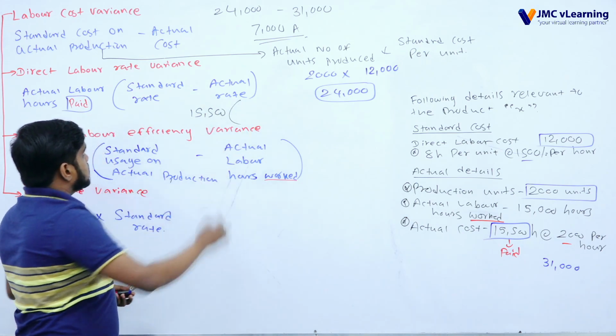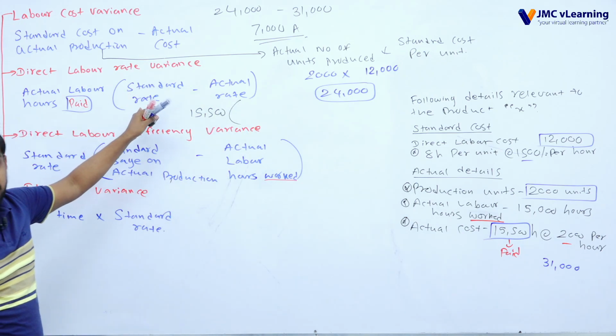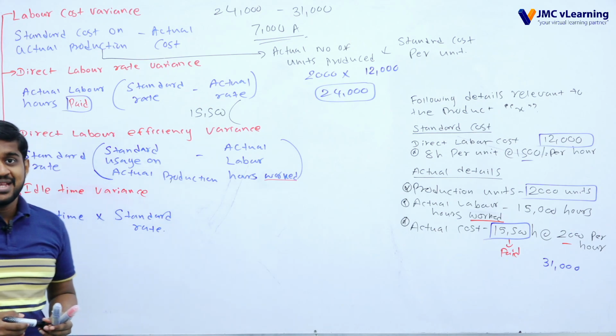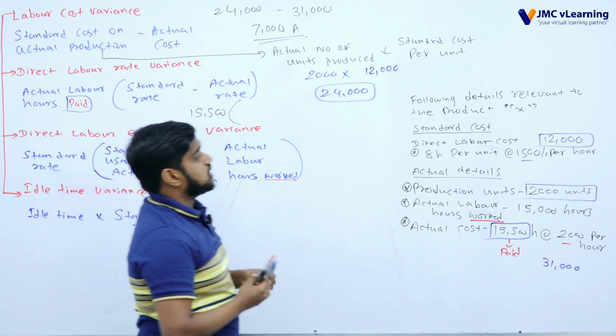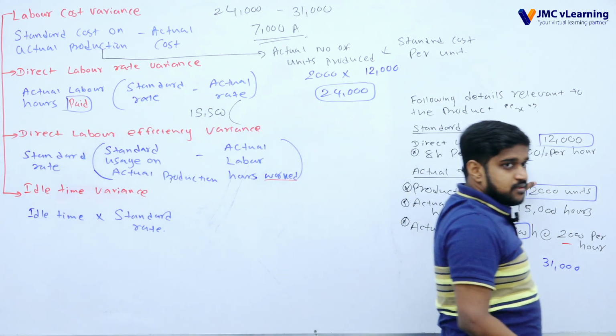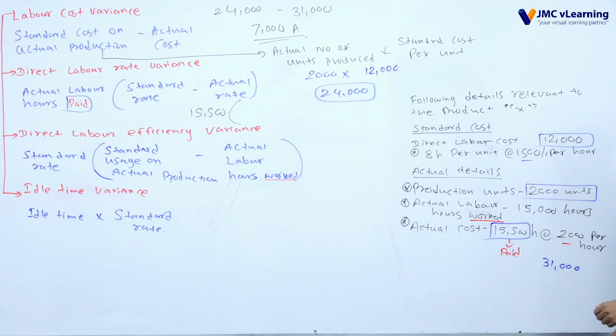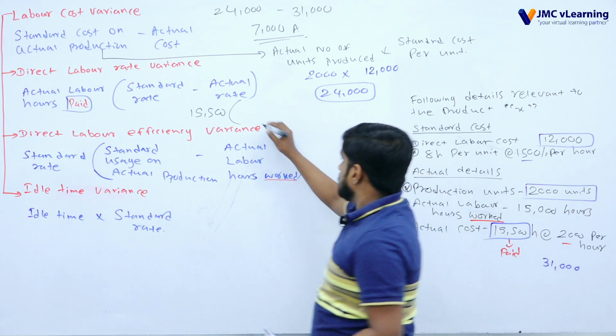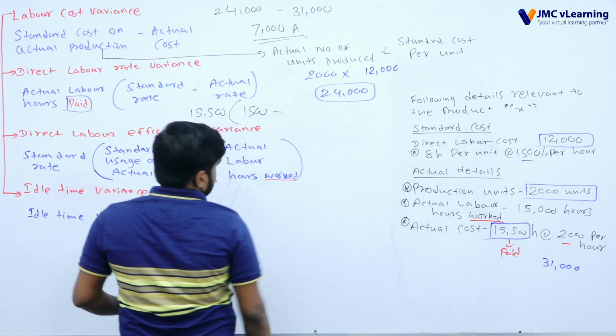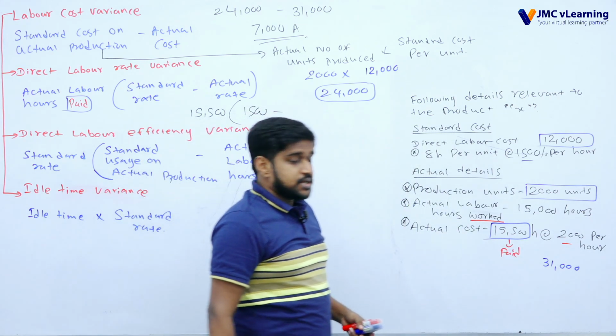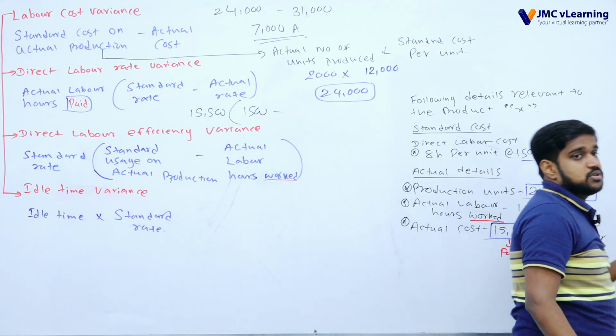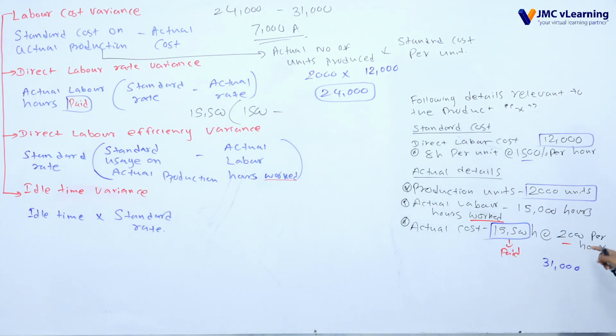Then we multiply it by the difference between the standard rate per hour and the actual rate per hour. As per our standard details, the standard rate per hour is 1,500. How about our actual rate per hour? As per the actual details, the actual rate per hour is 2,000.